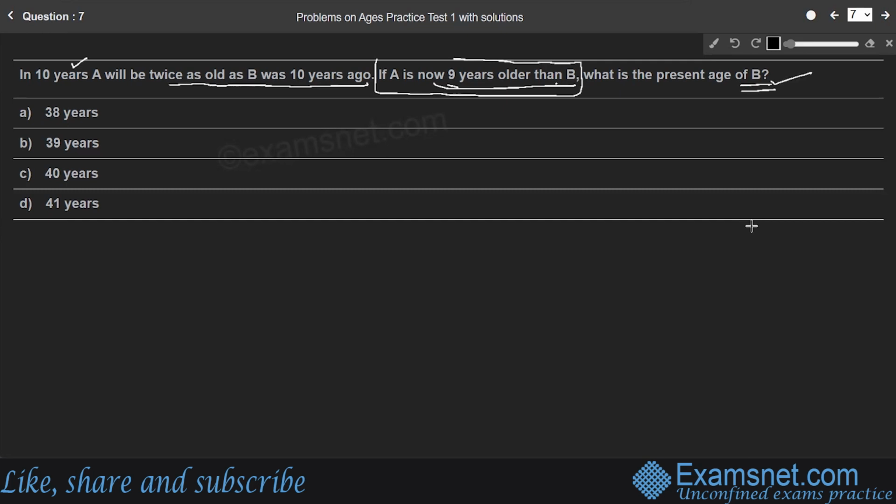So let us assume B's present age is X years. And A is 9 years older than B, therefore the present age of A is X + 9 years.